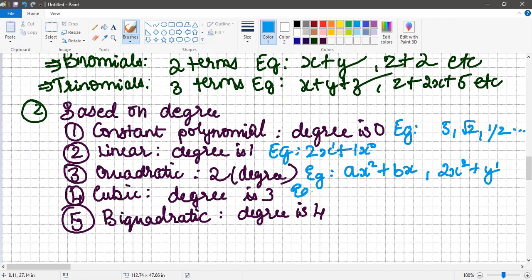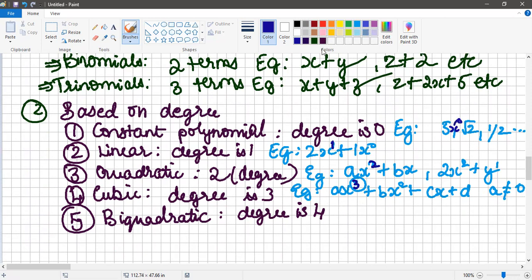Now for cubic, we can take ax cube plus bx square plus cx plus d. We're looking only at x, and a is not equal to 0. Here again you can see the degree is 3, right? I'll just highlight the degree for you: 2, and here 1, and here this will be 0.